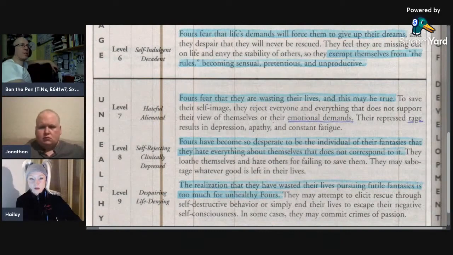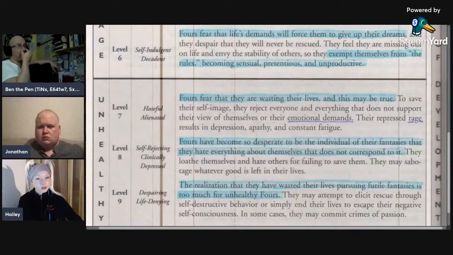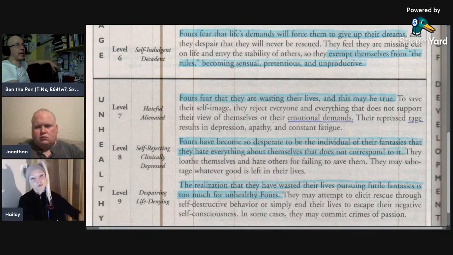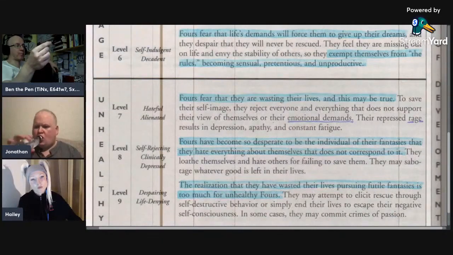Yeah, I'll just say for number 7, that bit that's highlighted in blue, that's not going to apply to an INTJ with a strong 4, because this kind of person is typically INFJ, INFP, ISFP.